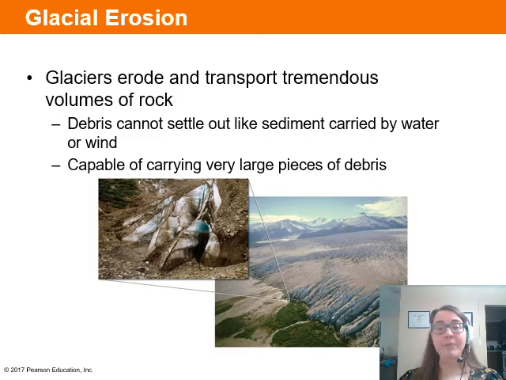But because rocks get stuck inside of glaciers, these glaciers are going to be able to move very large pieces of rock. So if you've ever been to Central Park in New York City, you might have noticed these huge boulders that are just randomly located throughout the park. And these are actually really interesting rocks. Up until about the 1970s, geologists had no idea where these rocks actually came from or how they got to the middle of Central Park because they were a type of rock that's not found within the entire state of New York.